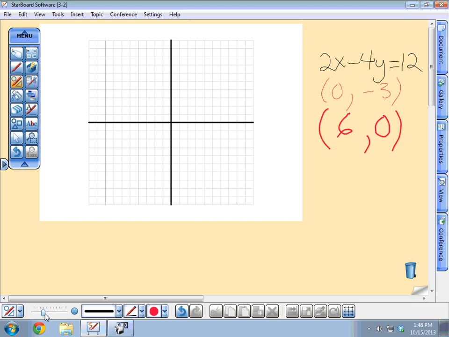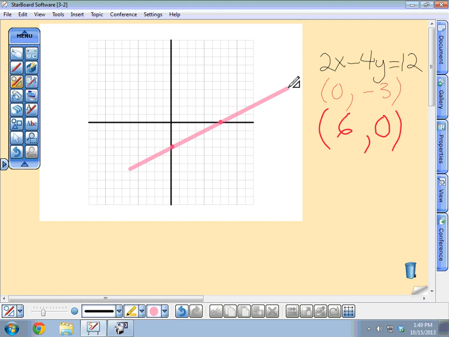Yes, I'll put another one. 6, 0, and 0, -3. Oh, I know why. Hard to see those. Okay. All right. And now, I'll try to draw this a little bit better. Ah, the magic.